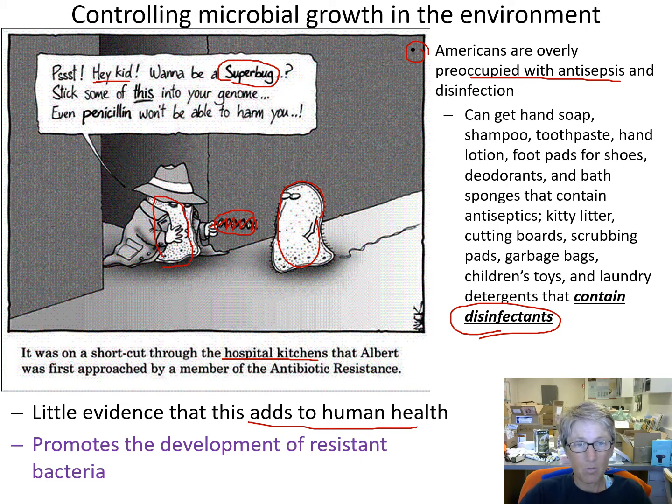But what it does do for sure is promote the development of resistant bacteria. So the more we try to aimlessly kill bacteria, the more resistant they become, and if they become resistant enough, they can become a superbug.